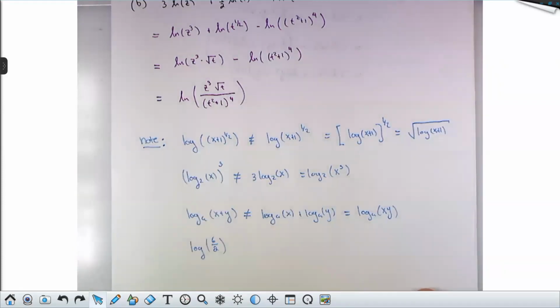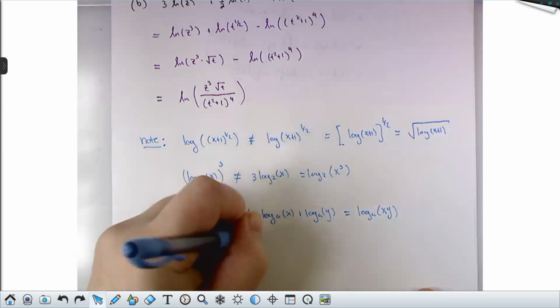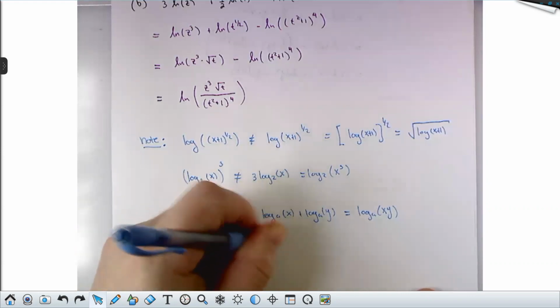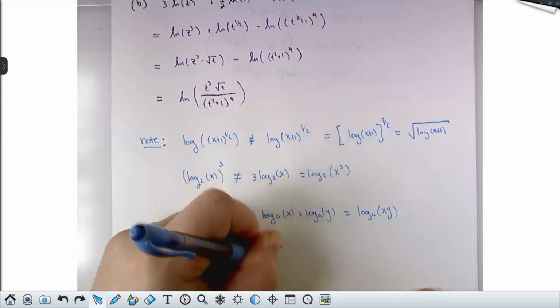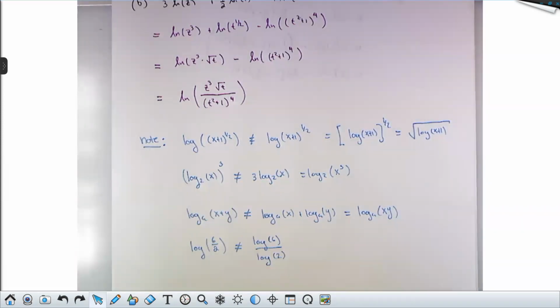something like this, is not the same as something like this. Right, so one log with division inside is not the same as dividing the logs. This never works. So please just be very careful, right?